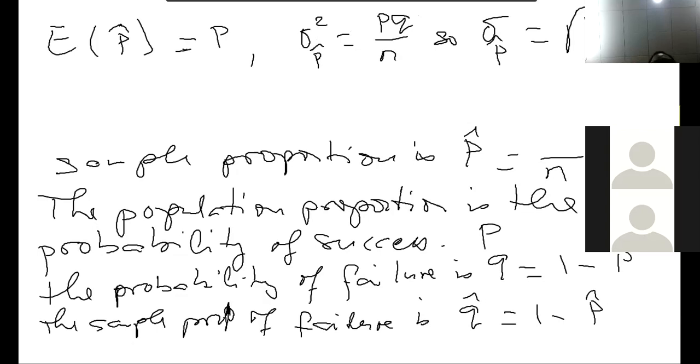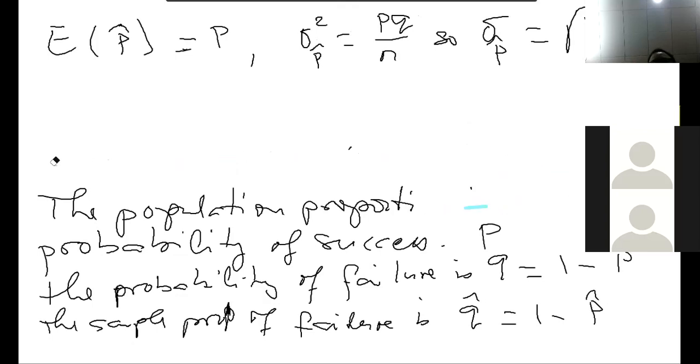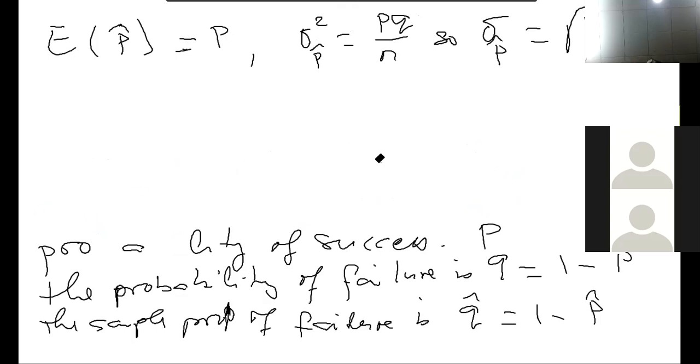Now, under what condition do we have a normal distribution of the sample proportion? For the sample mean, we say when n is at least 30, the sample mean is approximately normal.